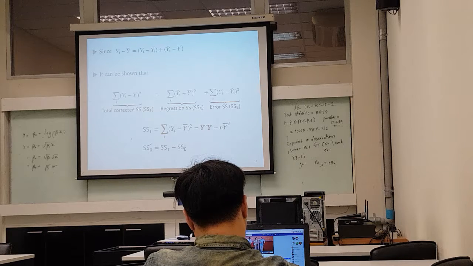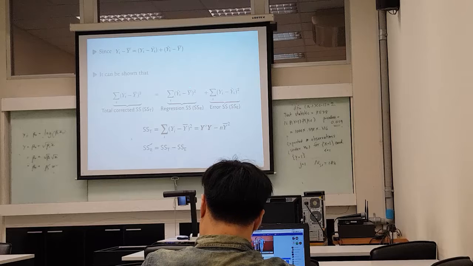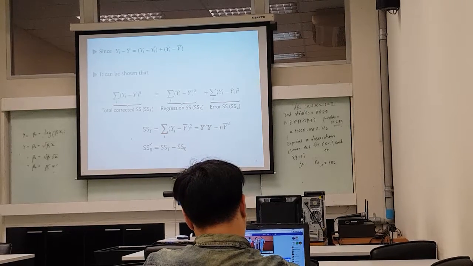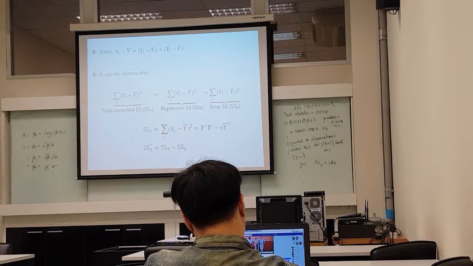This total corrected sum of square, or sum of square total, is a sum of the sum of square regression. This term is the deviation of the value predicted by the model around the mean. This is called the sum of square regression. This is the error from the mean due to the model.